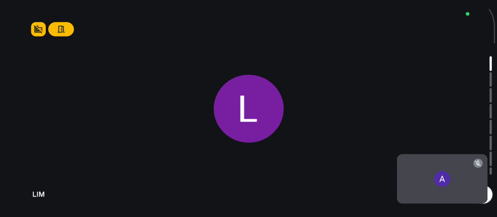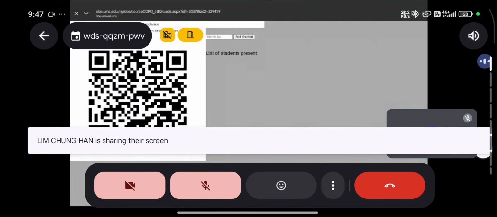Parsec error. Alamak. Okay. Get ready to scan.